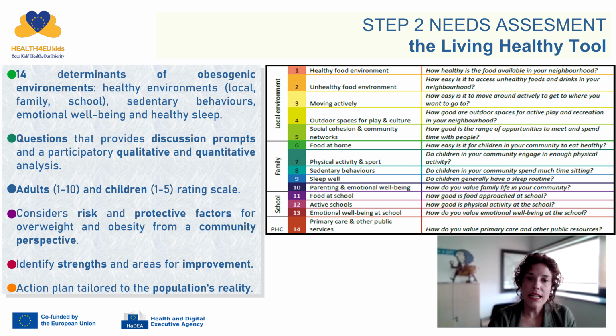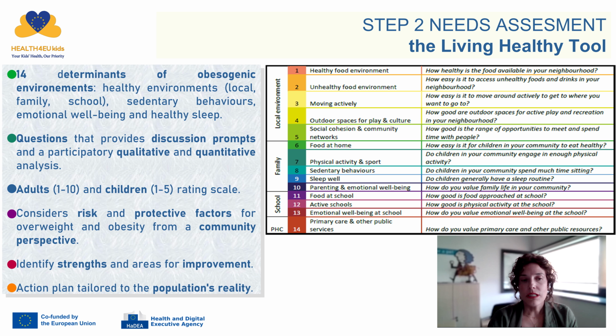This tool was developed for adults and also for children. In the case of adults, you could evaluate and rate these items from 1 to 10. However, in the children's version, you could rate these different items from 1 to 5 because it was easier for them to follow.